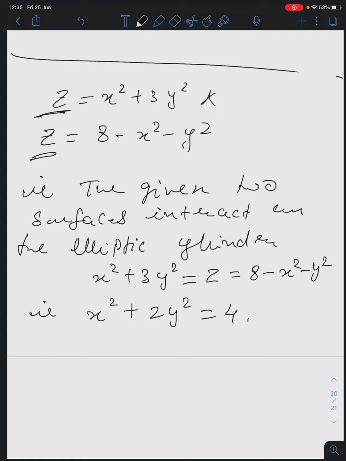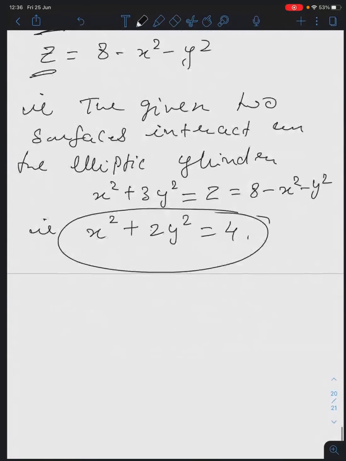So the orthogonal projection of the volume on the xy plane is the plane region R enclosed by the ellipse x square plus 2y square is equal to 4, which determines the limits of x and y.